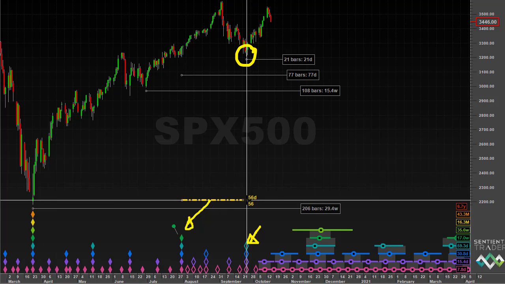But you can see that the 80-day cycle has been running short as well, 56 days instead of 68 days. It's not a very big variation, a 12-day difference in an 80-day cycle, but nevertheless, it implies that these cycles are running short. And it's certainly a very viable possibility.